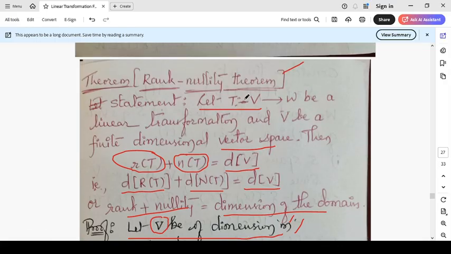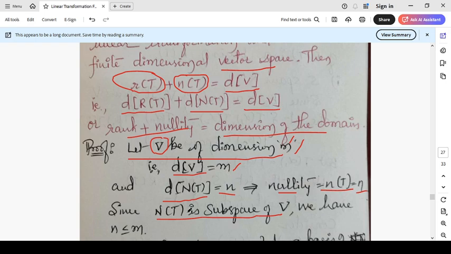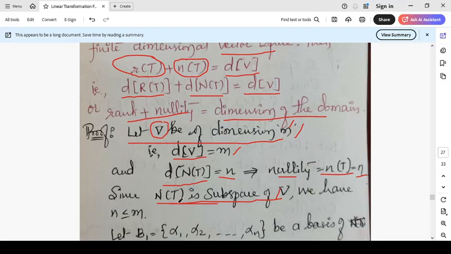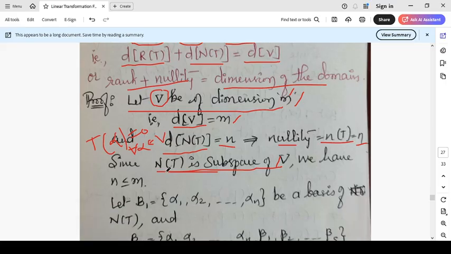If you observe, T is a mapping from V to W. N(T), capital N of T, is the null space, and the null space is a subspace of V. Null space means T of alpha is equal to 0, as we have already discussed, wherever alpha belongs to capital V. So obviously we can say that N(T) is a subset, or subspace, of V. Therefore we can write n is less than or equal to m.